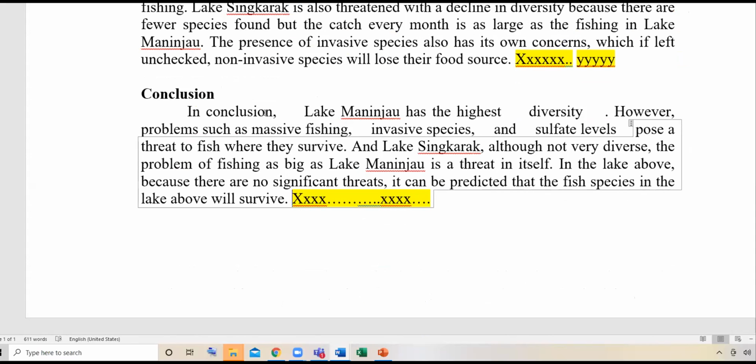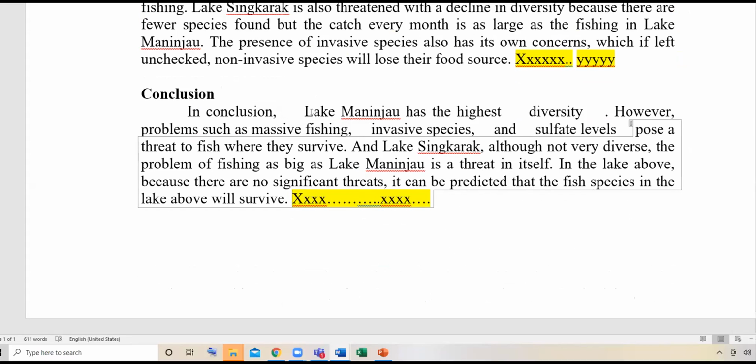In conclusion, Lake Maninjau has high diversity. However, problems such as massive fishing, invasive species, and sulfate levels pose a threat to the fish where they survive. And the lake above, although not very diverse, because there is no significant threat, it can be predicted that the fish species in the lake above will survive. So it's just a re-explanation of the data.